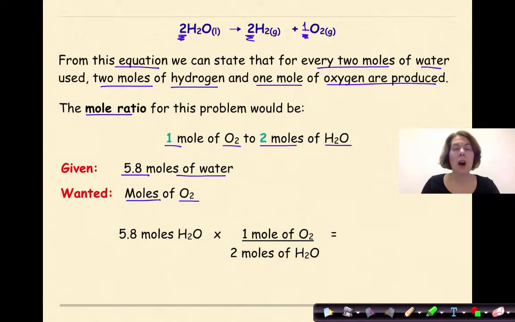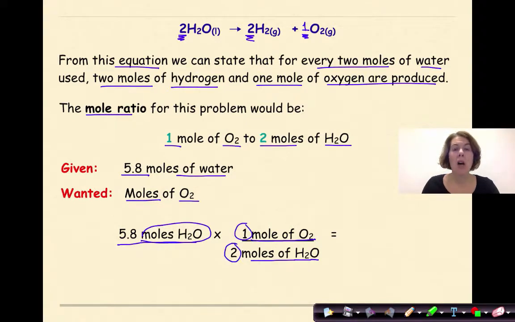So we start off always by writing our given, 5.8 moles of water. I'm going to do a multiplication sign and a line. Since I start with moles of water, that is going to go on the bottom of my ratio. I want moles of O2, so that's going to go on the top of my ratio. Now the question is, where do we get these numbers?